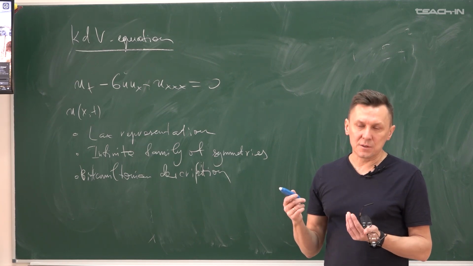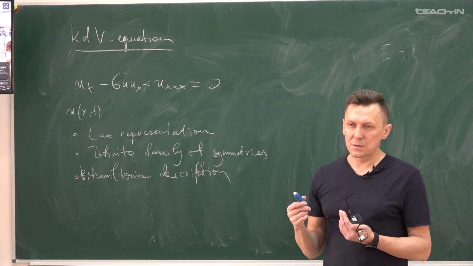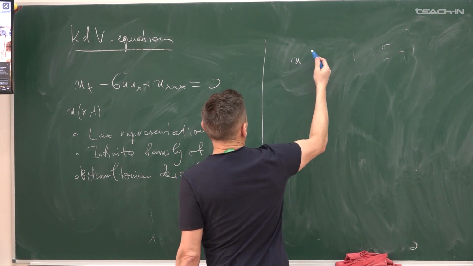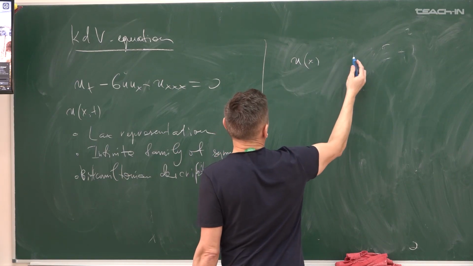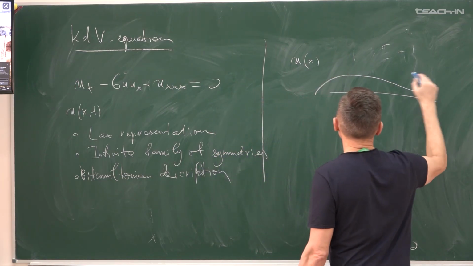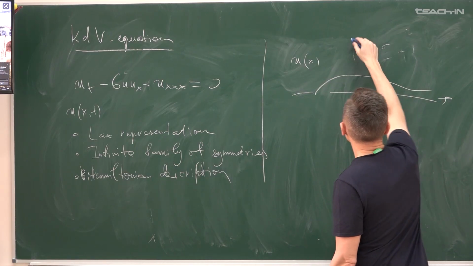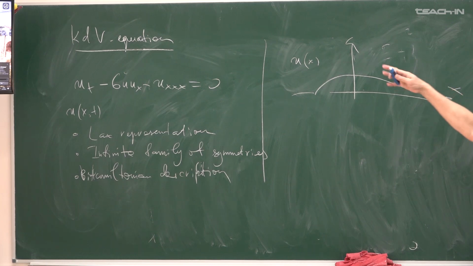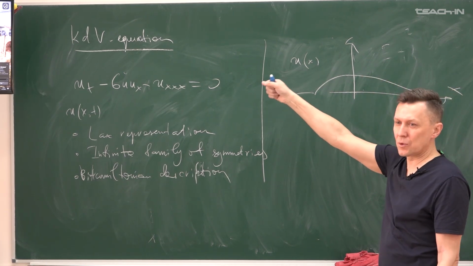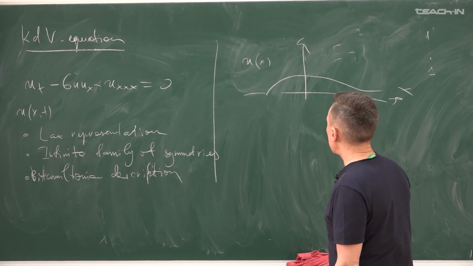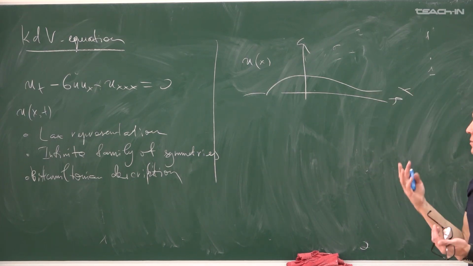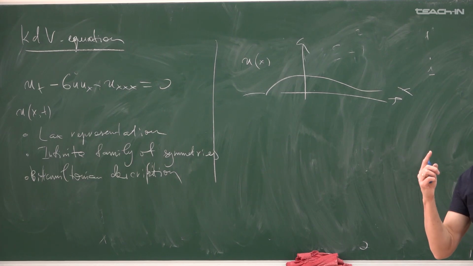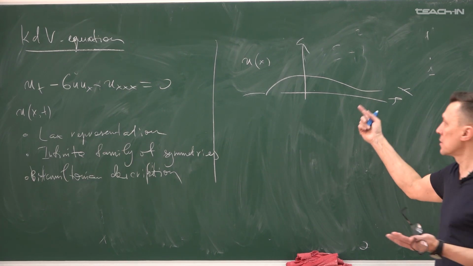It's some functional on the space of functions. Okay? So for example, u of x is now a function, some function of x, and it evolves in some manner as we turn on the time t, and we have to treat some functionals on the space of functions.